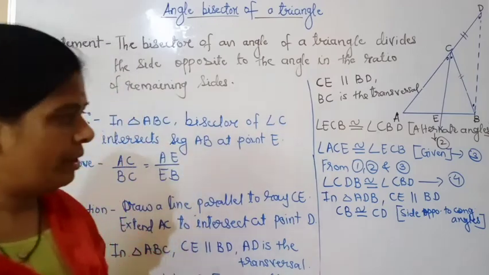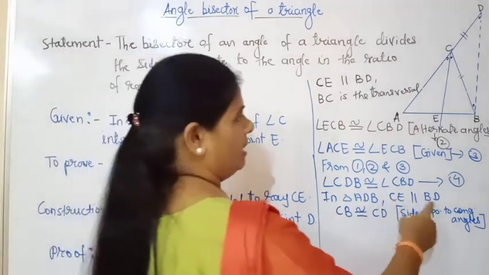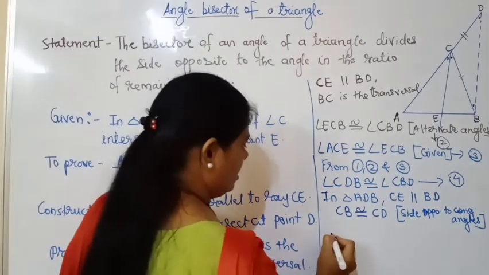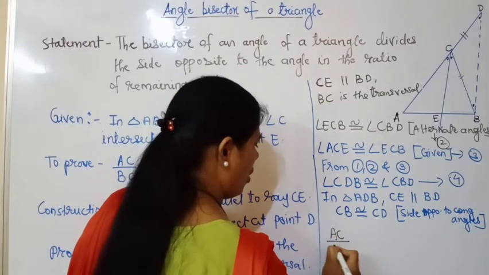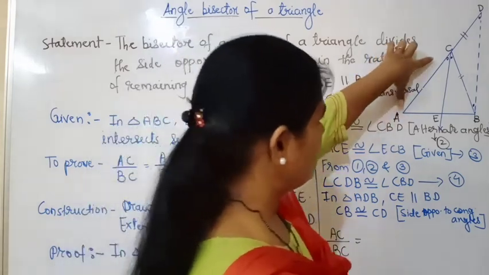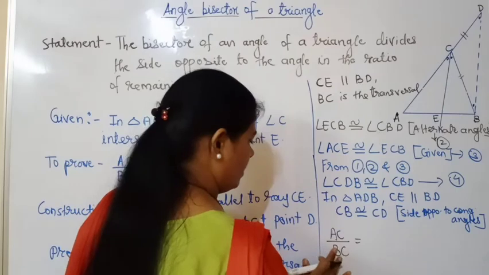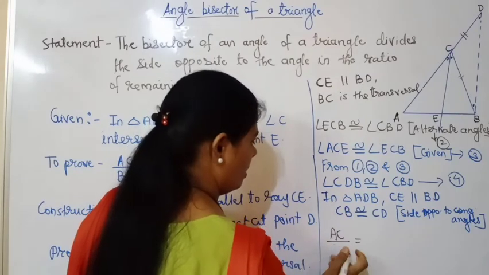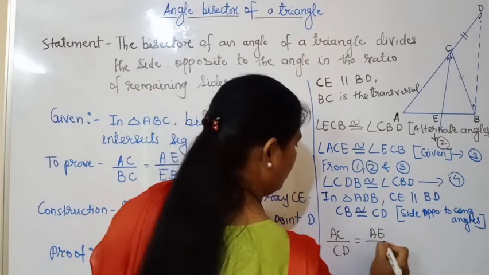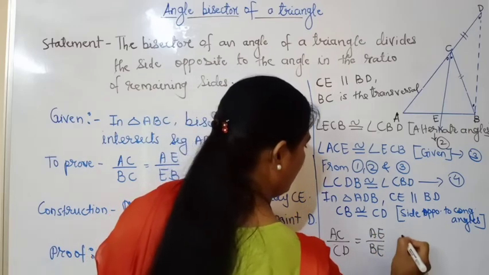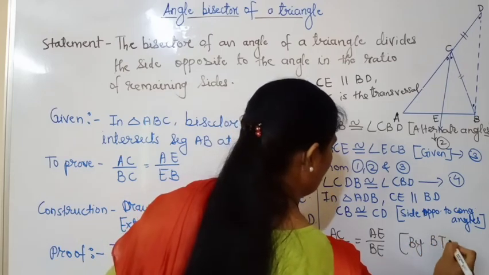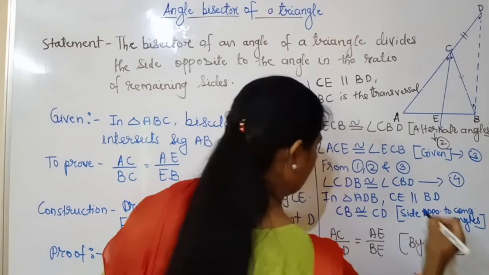Now, as CE is parallel to BD, we can write the ratio AC upon CD, sorry, not BC but CD, is equal to AE upon BE. In bracket we will write by BPT theorem, that is, the basic proportionality theorem.